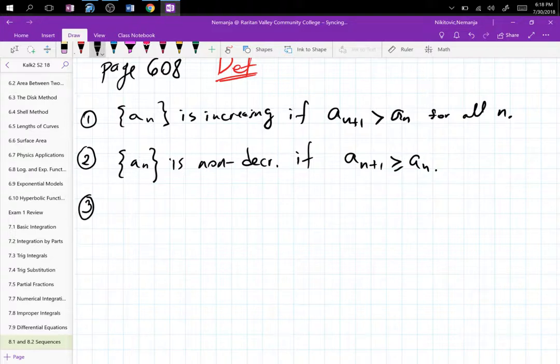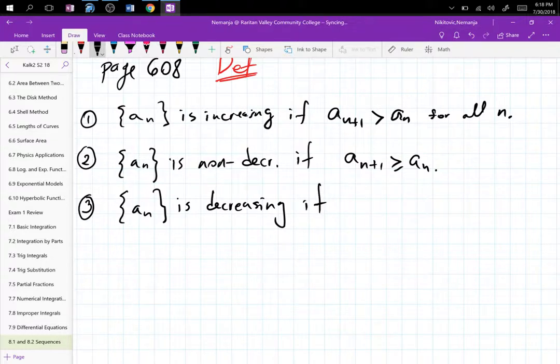Number 3, a_n is decreasing if, and now you have to swap the condition up there, a_(n+1) is less than a_n. So the new one, in this case, is smaller than the old.